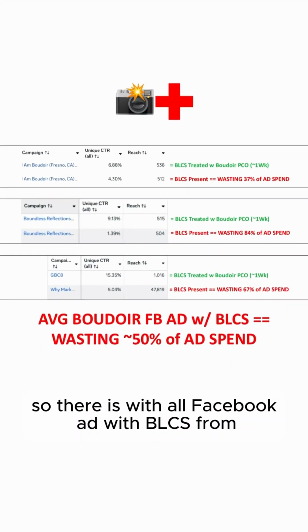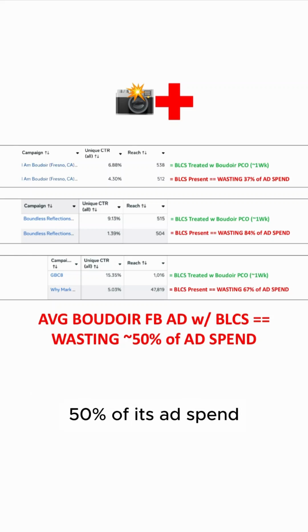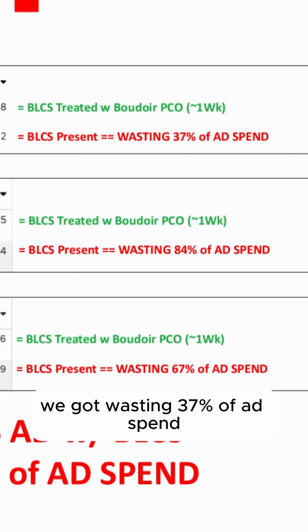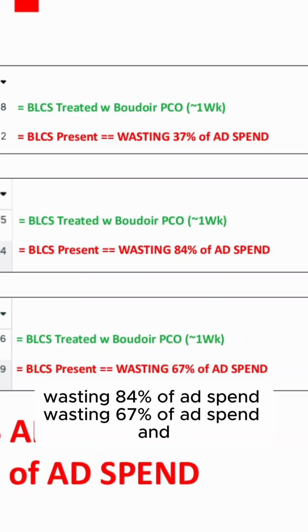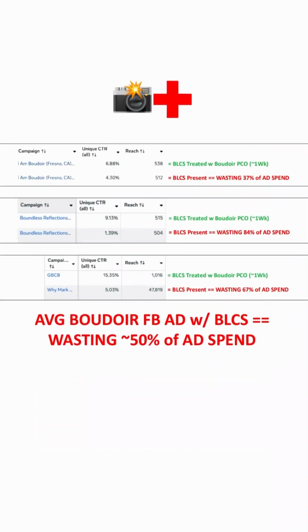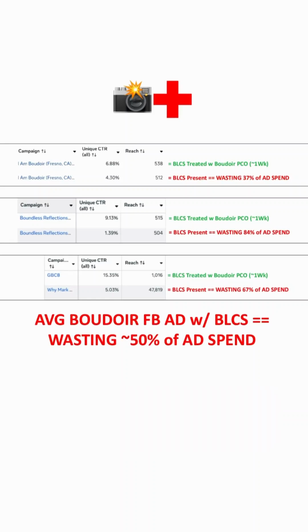So the average Boudoir Facebook ad with BLCS, from what I've seen, is wasting about 50% of its ad spend. Look at these numbers here. We got wasting 37% of ad spend, wasting 84% of ad spend, wasting 67% of ad spend. You average these numbers, it's going to average between 50 to 60%.